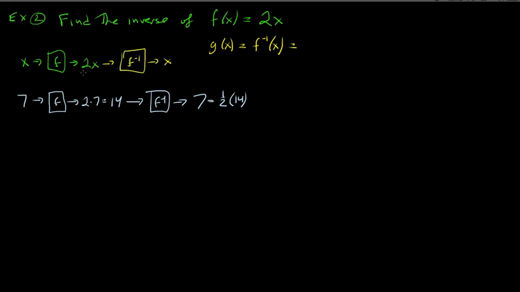You take 2x, and if you cut it in half, if you divide by 2, you get back x. So the inverse function, instead of multiplying by 2, you divide by 2, or you multiply by 1/2, right? So whether you write it as 1/2 times x, or x divided by 2, doesn't matter to me, as long as you realize that sort of the opposite of multiplying by 2 is dividing by 2.